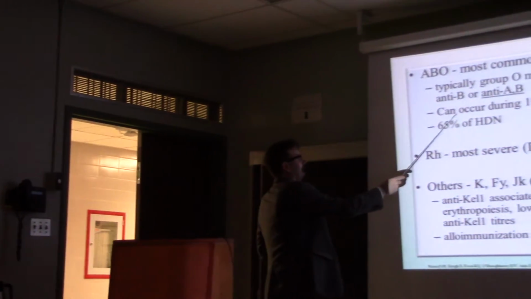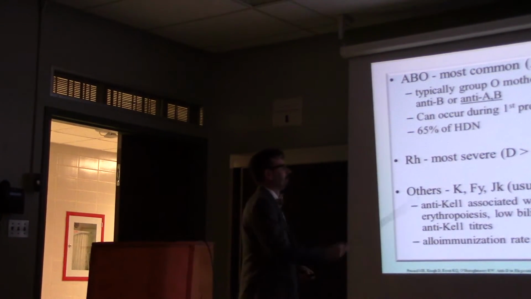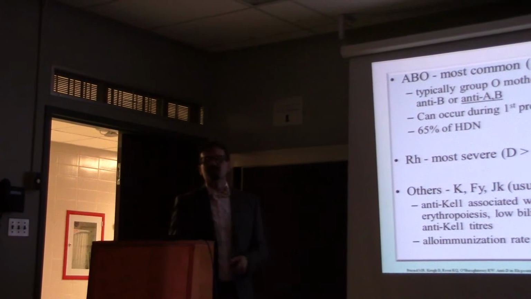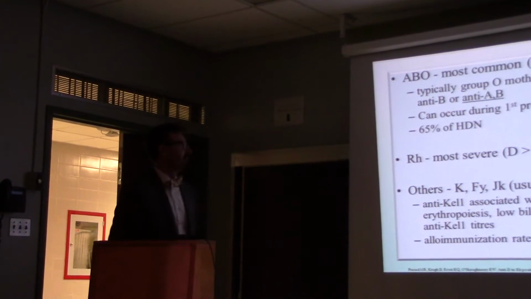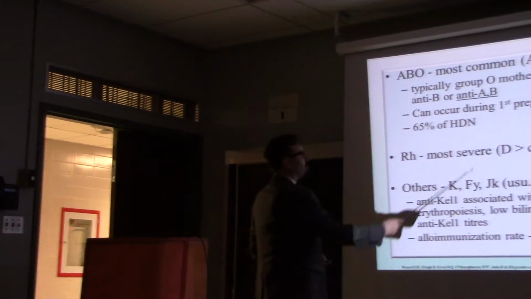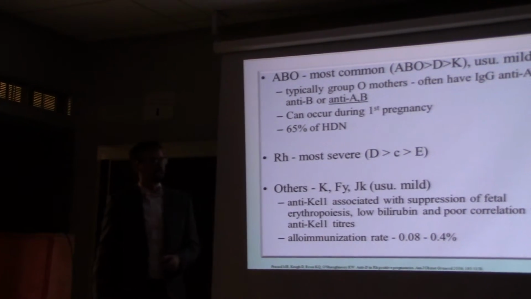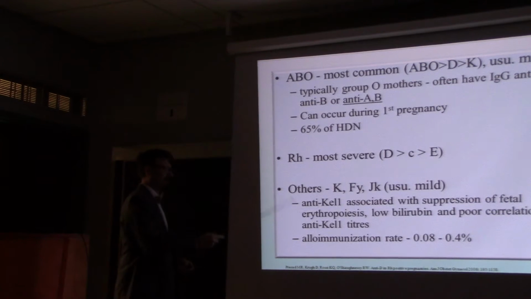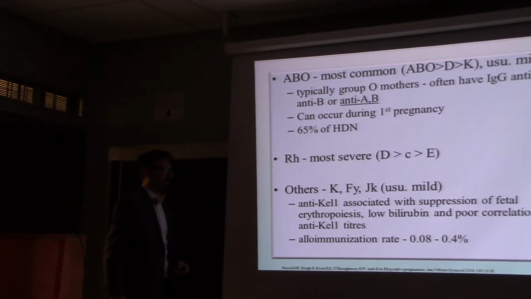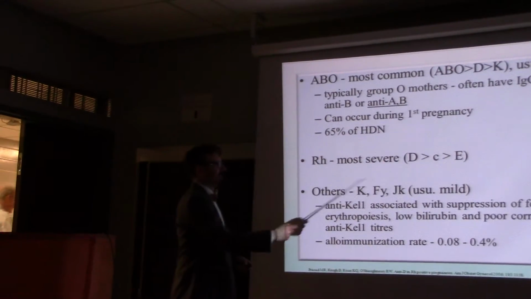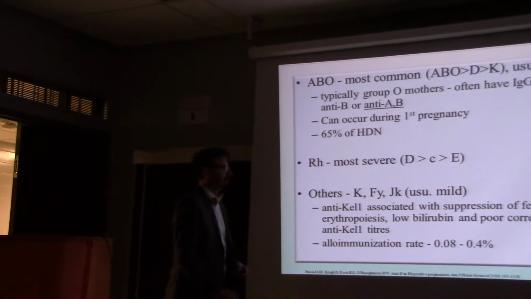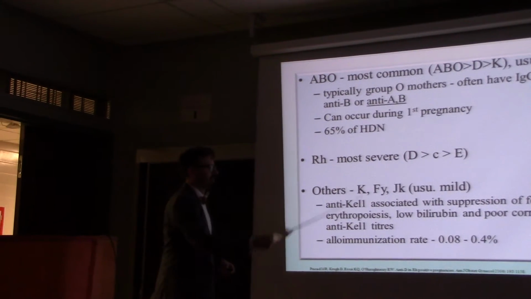These are usually mild disease. Rh, on the other hand, usually can be quite severe. D is more severe than small c, which is more severe than big E. But any other antigen can give you HDN, well, these ones, but they're usually mild.